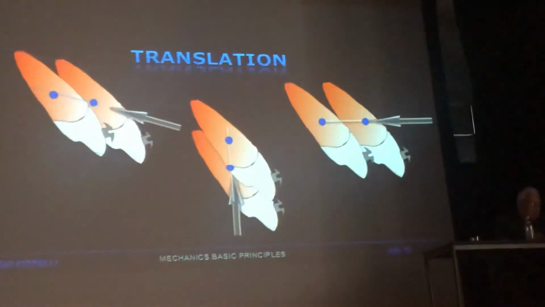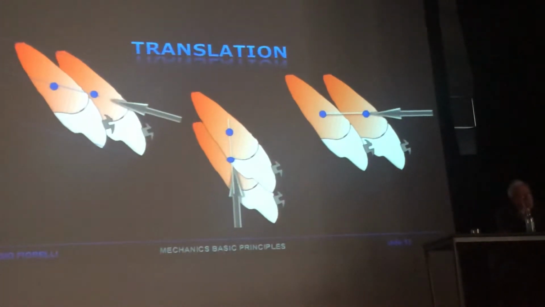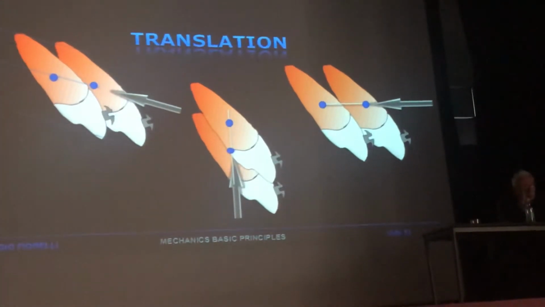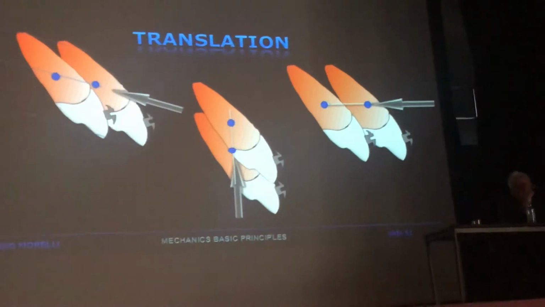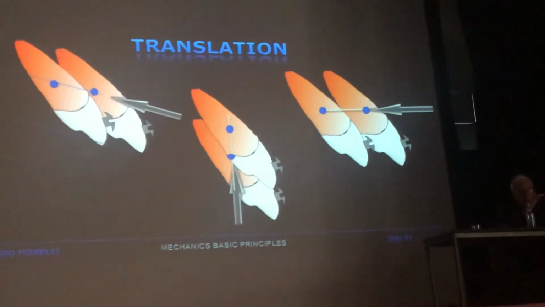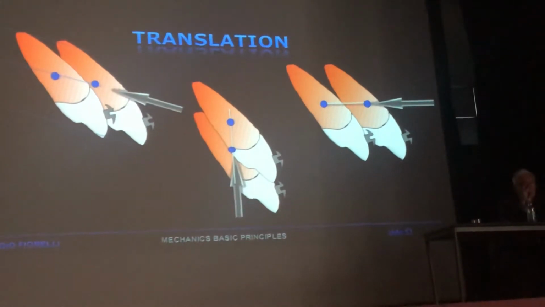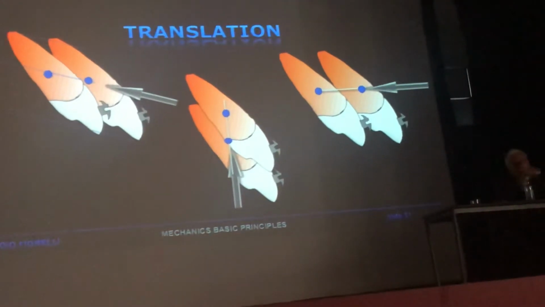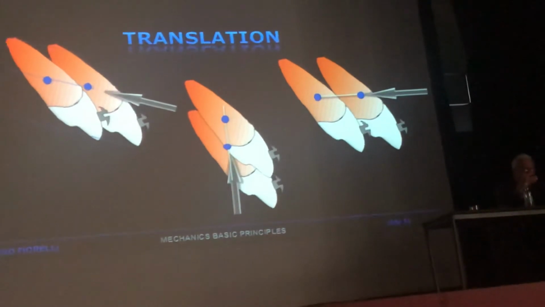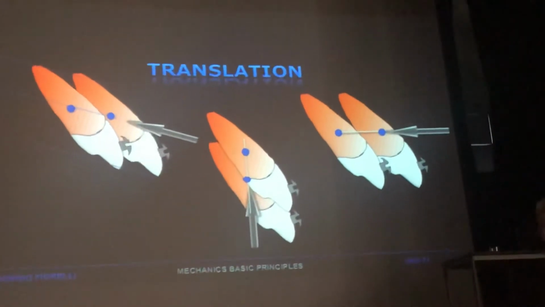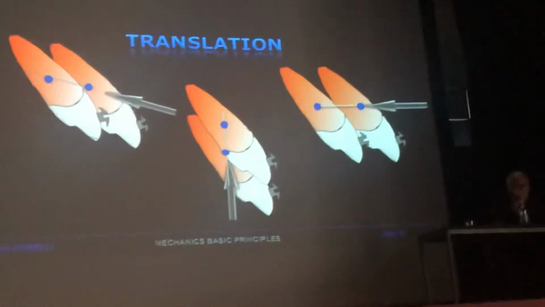So let's describe them. What is a translation? A translation is a kind of movement where all points of a rigid body, in our case our tooth or a group of teeth which is solidized together, are moving along parallel paths.